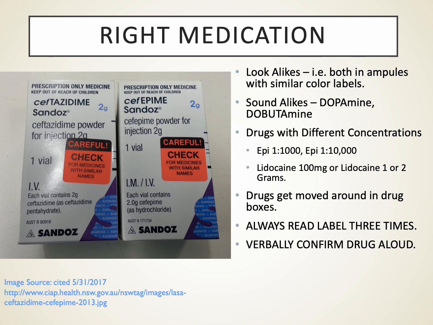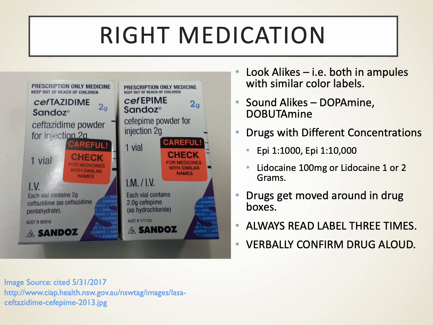We want to make sure we've got the right medications. There are a lot of medicines that look alike and sound alike. Packaging looks alike. The drug names sound alike. Here in this image is ceftazidime versus cefepime, both 2-gram vials made by the same manufacturer. They look very close, and it would be very easy for someone to grab the wrong vial.